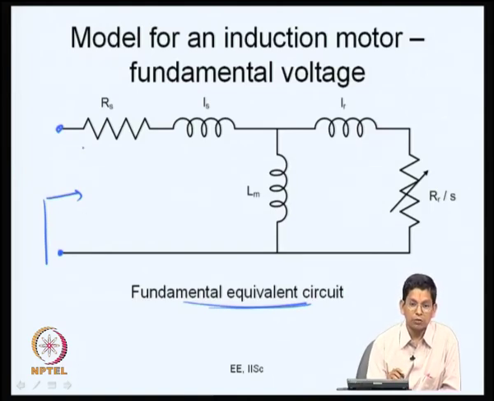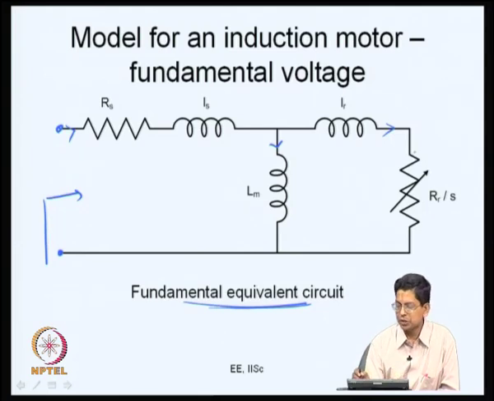For a certain fundamental voltage, the current drawn by the actual machine is the same as what is drawn by this circuit. So this circuit gives us a measure of the stator current, the magnetizing current and the rotor current. We can also see how much power gets dissipated here, and from there come up with how much mechanical power is developed. So this is the fundamental equivalent circuit.